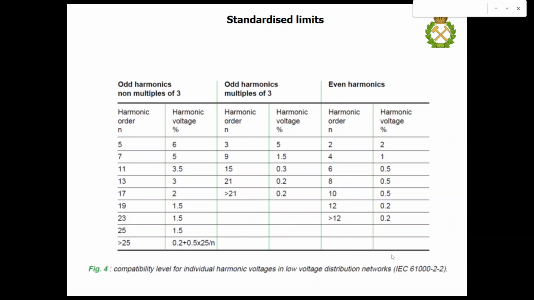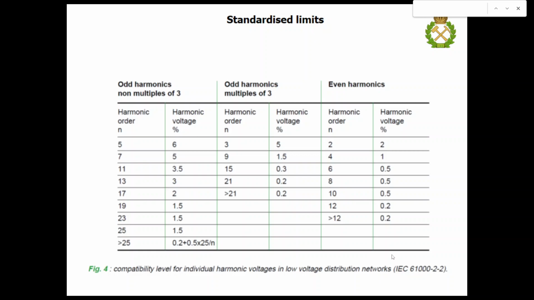Here you may see that all harmonics can be divided into three main groups. The first group is odd harmonics, non-multiples of third. It is the main group of harmonics caused by the main types of non-linear loads, which we will consider later today.